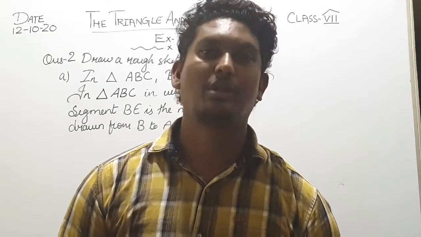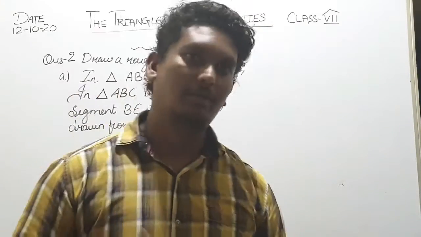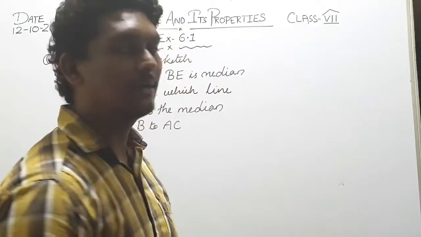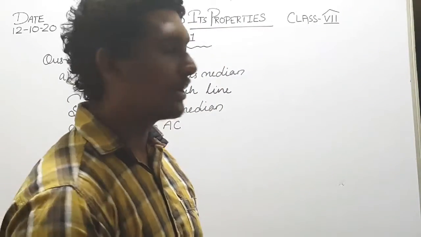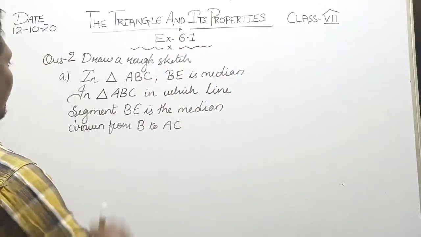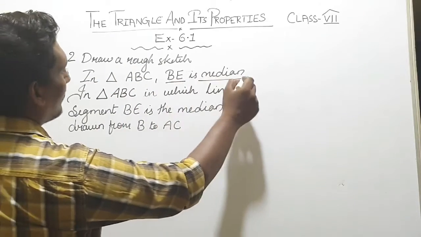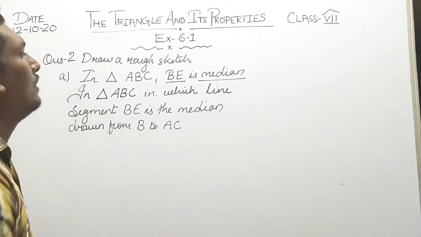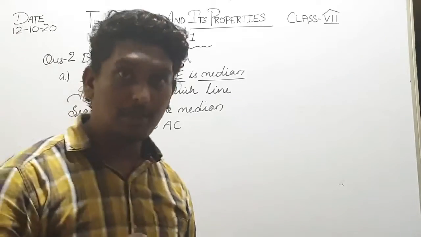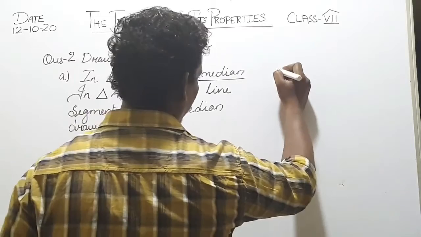Question number 2A part. We have to draw a rough diagram, a rough figure with the help of a pencil. Don't make it with a pen. In the question, in triangle ABC, BE is the median we have to make. So from B we have to make the median. The figure will be like this.